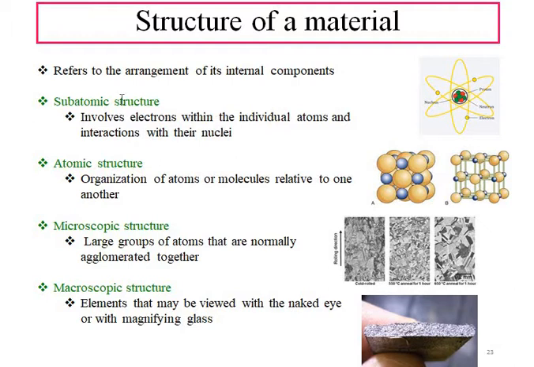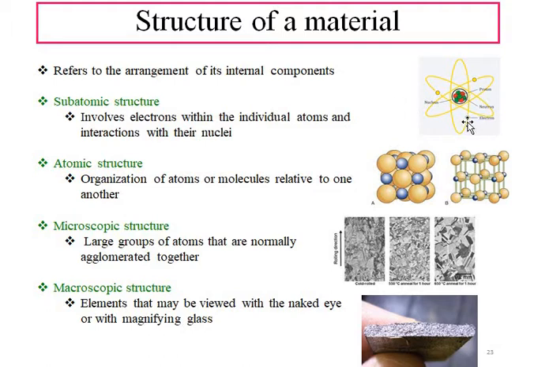Okay, coming to the subatomic structure, I think you all have studied it at your basic school level. Every material is made up of subatomic or atomic particles. What do you mean by subatomic particles? That means the particles within an atom.